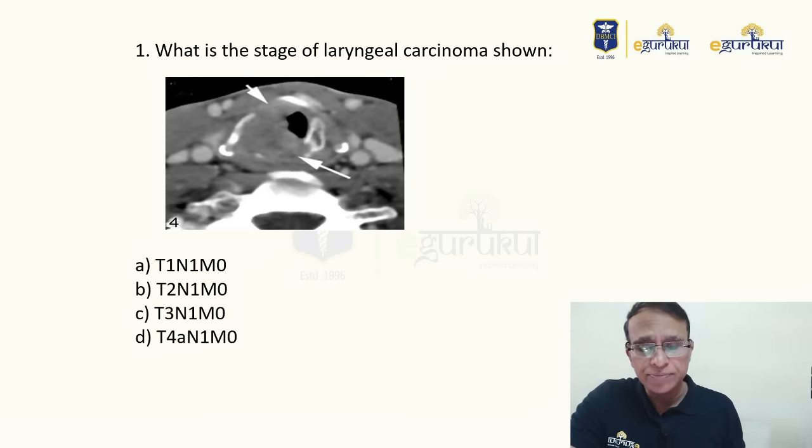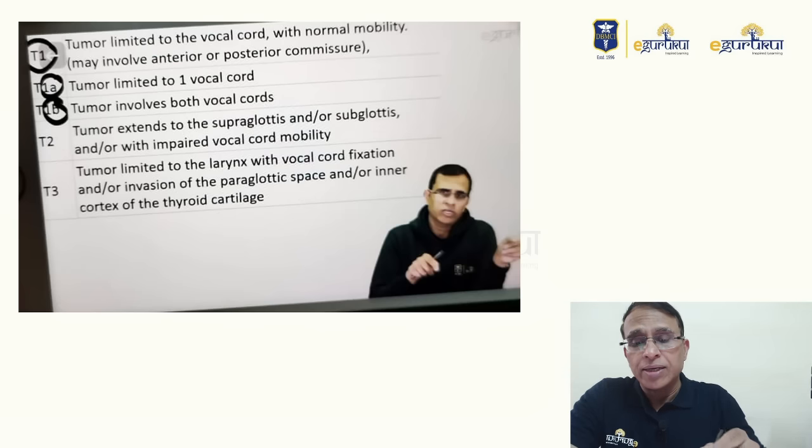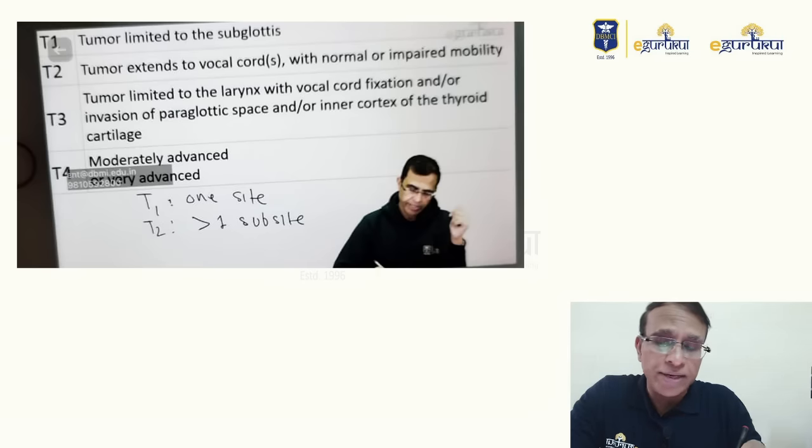These are the screenshots from the eGurukul app and the PDF file. As you can see, T1 is a tumor confined to, in this case, one subsite. T2 is an adjacent subsite.